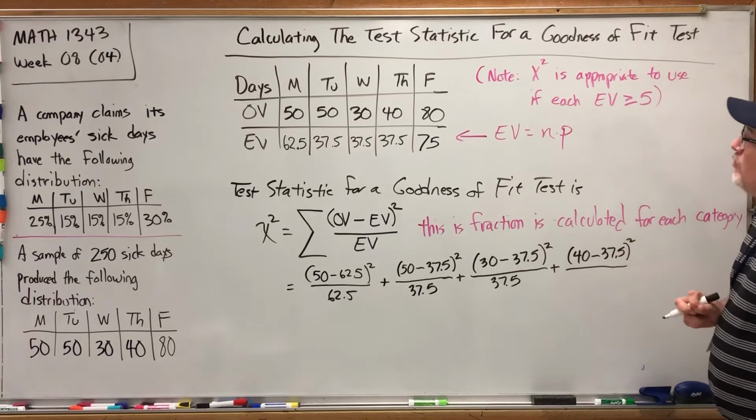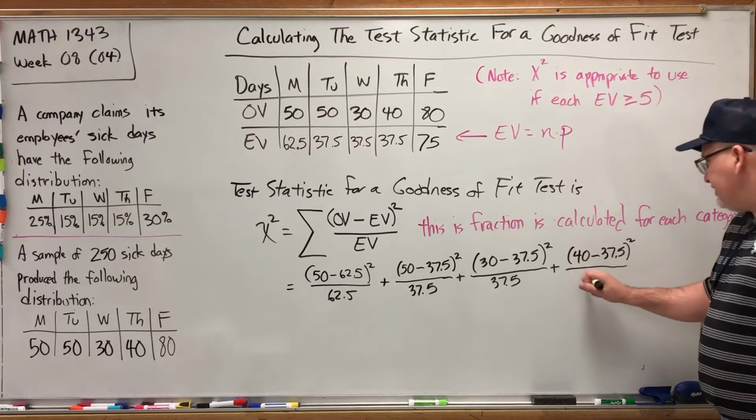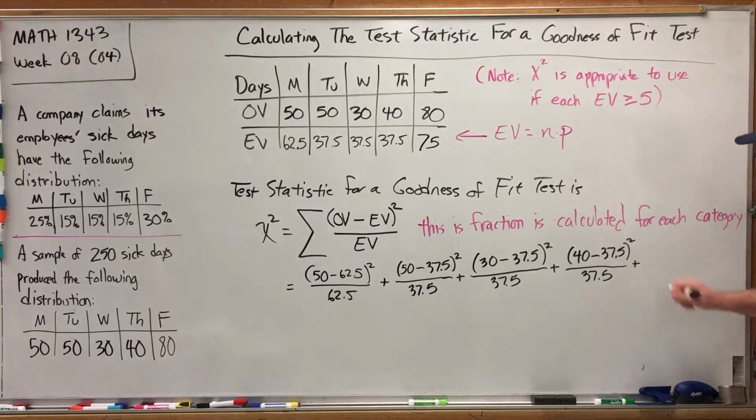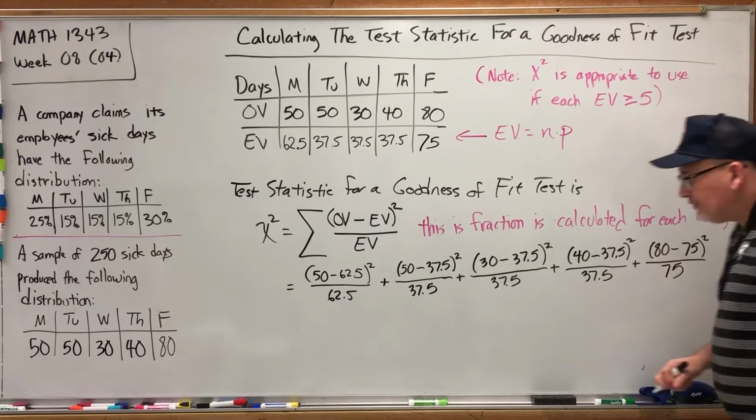That gets squared and divided by what we expected, which was 37.5, plus. And then for Friday, where we observed 80, subtract what we expected, which was 75, square that, and then divide it by what we expected, which was 75.